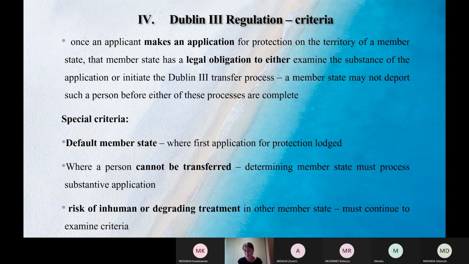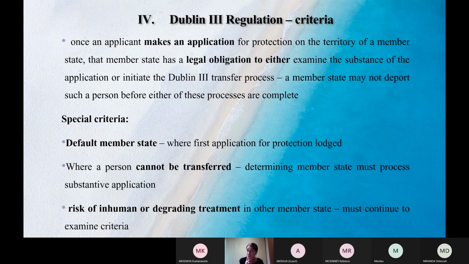They are not permitted to deport a person prior to the finalisation of either of those two processes. So if a person arrives in Ireland and claims asylum, the process of that application must be completed before they can be removed from the state.